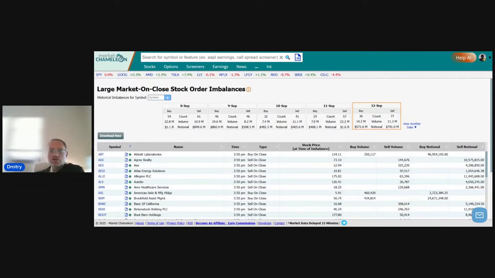And the reason there's an official closing price, or why somebody would execute at the closing price, is that there are certain strategies or certain funds that need the exact closing price. Think of it like a mutual fund.